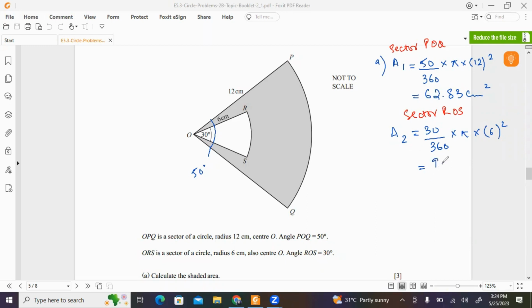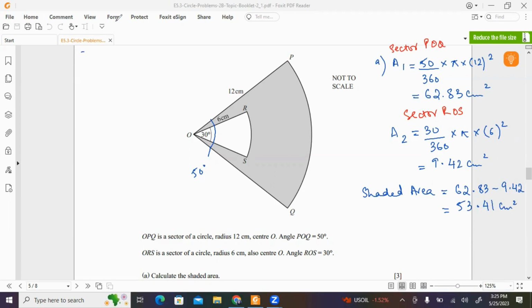That's 9.42 centimeters squared. So the shaded area is the difference of A1 and A2. So 62.83 minus 9.42 is 53.41 centimeters squared.